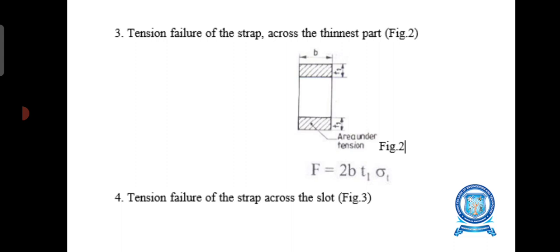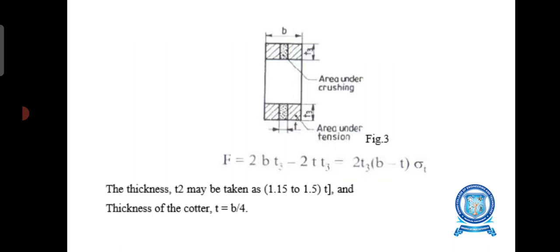Tension failure of the strap across the slot: F equal to 2 B t3 minus 2 t t3, that is 2 t3 into (B minus t) into sigma t. The thickness t2 may be taken as 1.15 to 1.5 into t, and the thickness of the cotter t equal to B by 4.